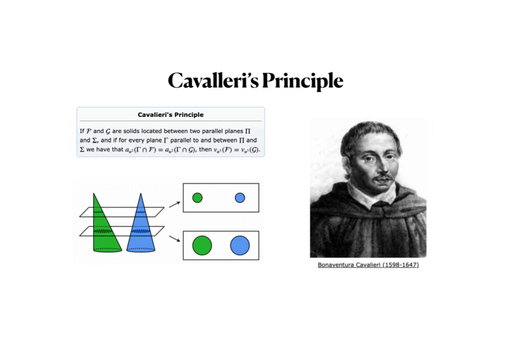So again, I'm looking between two parallel planes. I want to find that for every plane in between and parallel to the two, if I look at the cross sections and the areas are equal for all of them, the volumes are equal.